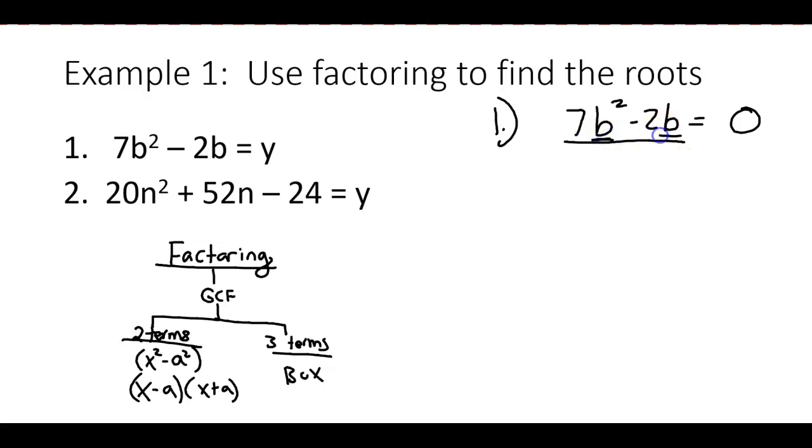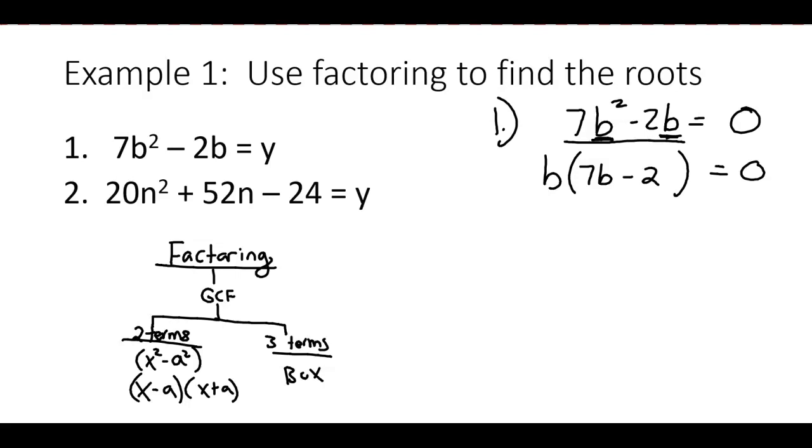And this one has 1 b. So how many b's can I take out? Only 1. You can only take out however much they're both able to give. They're both able to give 1. This guy could give 2, but this guy can only give 1, so we'll take out only 1. So if I take out a b here, what would be left on the inside? 7b minus 2.